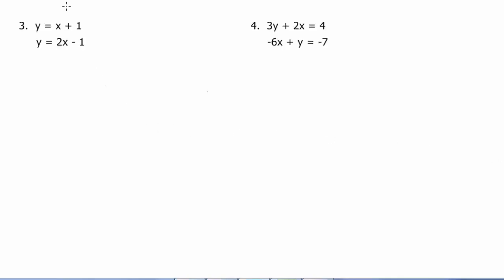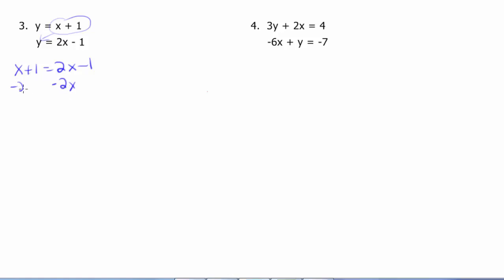Okay, we're just going to do some more examples here. Again, they're both solved for, so it doesn't matter. You can put either one in. So I'm just going to put this in for this y. So we have x plus 1 equals 2x minus 1. Then again we have to get x by itself. So we want to combine our x's.